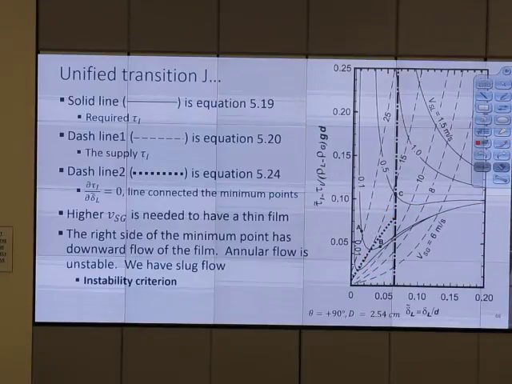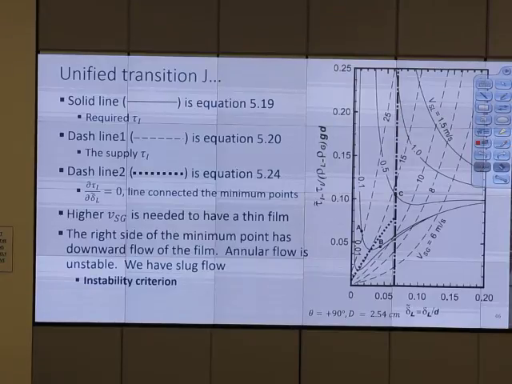Notice that if your V_SL is high, you don't have a minimum point. When your V_SL is low, the left side is film moving up. Film moving up means stable annular flow. If the film moves down, that is not stable.